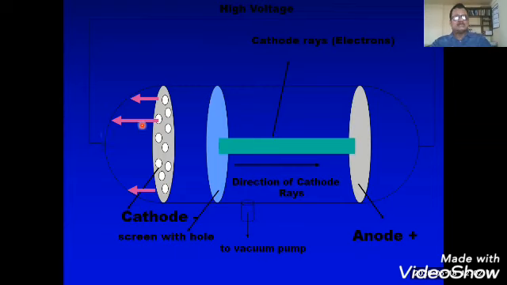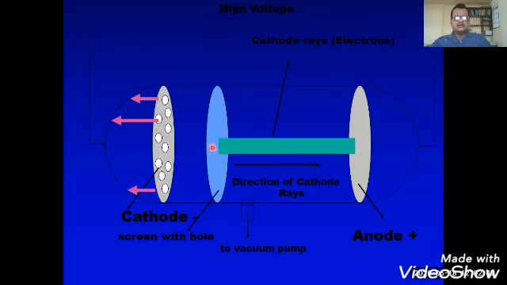And these rays traveled in a direction opposite to the cathode rays. So when the discharge tube experiment was done using a perforated cathode, invisible rays were observed behind the cathode, and these rays travel in the direction opposite to the cathode rays.